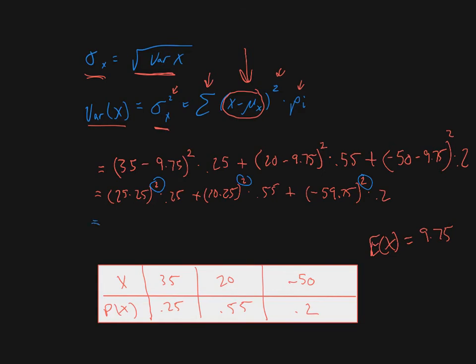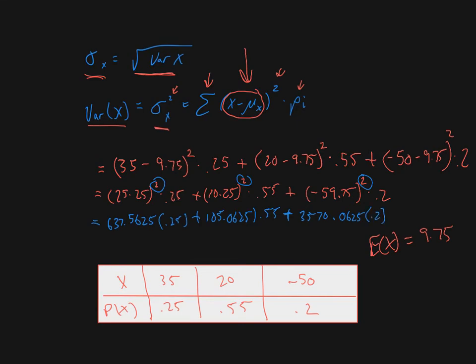So what happens when we square 25.25? We get 637.5625 times 0.25 plus 10.25 squared is 105.0625 times 0.55 plus, and don't forget, I wouldn't bother putting the negative sign in the calculator, just square 59.75, and you're going to get 3570.0625 times 0.2.